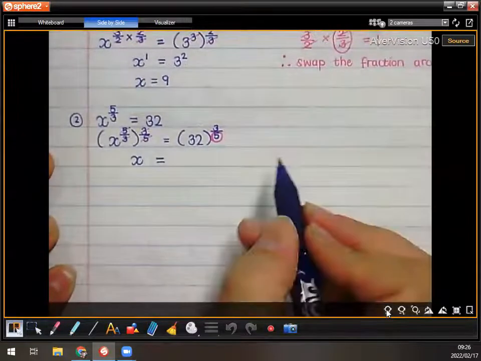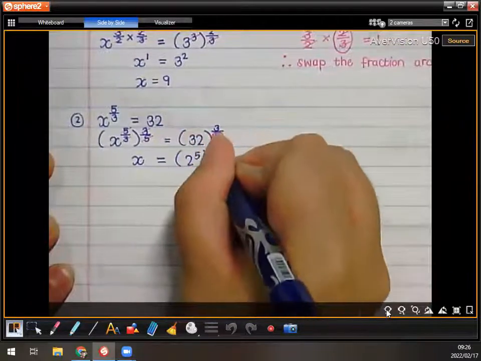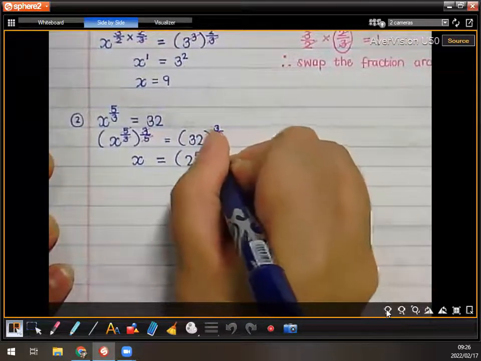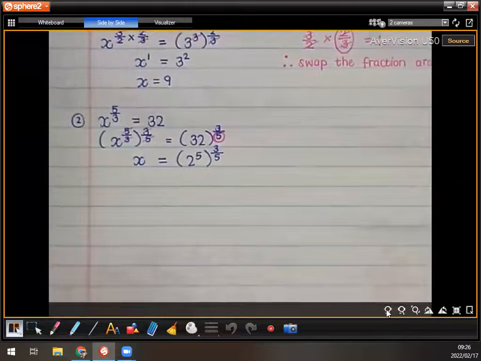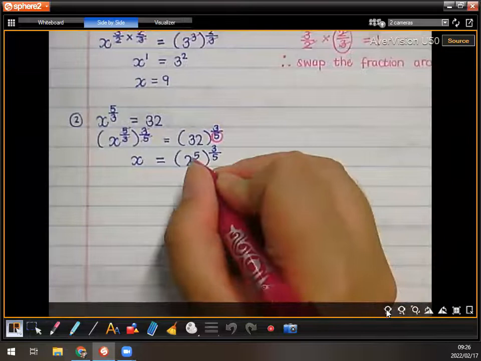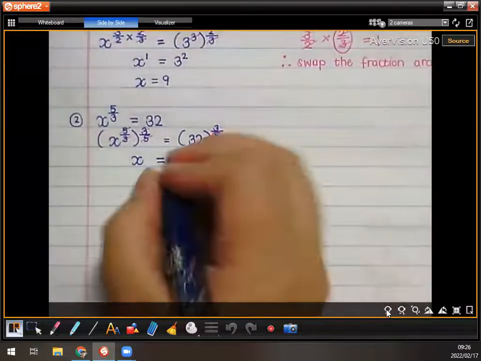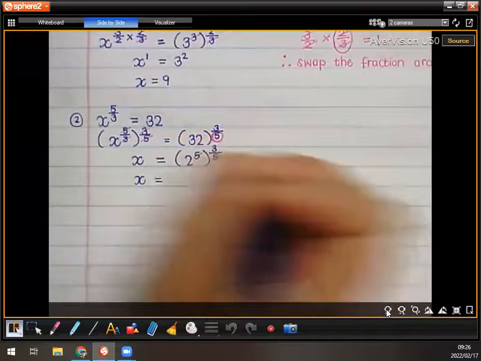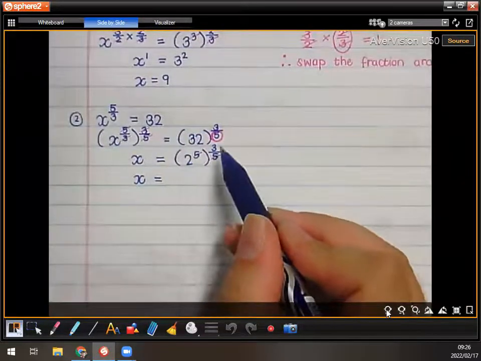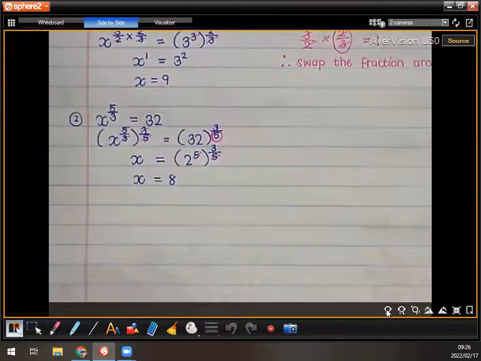And on the other side, I'm going to write 32 as 2 to the power of 5, and that is still to the power of 3 over 5. And now you can show that the 5 here is going to cancel out the 5 in the denominator. So what is x? What's left? 2 to the power of 3, which is 8. You can add in another step, x equals 2 to the 3, and then 8, that's fine.